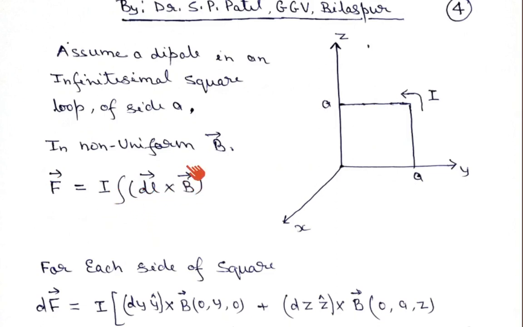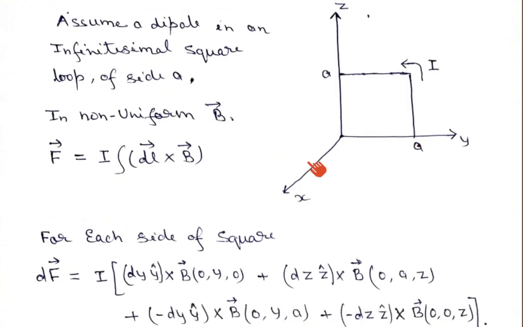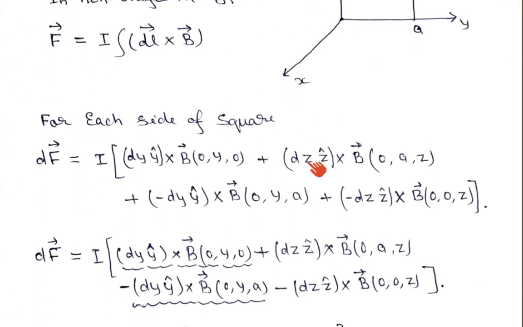Here B is not uniform; in the previous case B was uniform. We can calculate dF for each side, and if we sum them up, that gives the total magnetic force. That is what I am going to do.